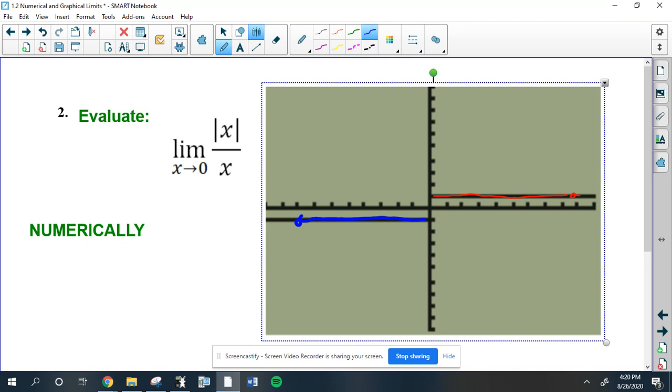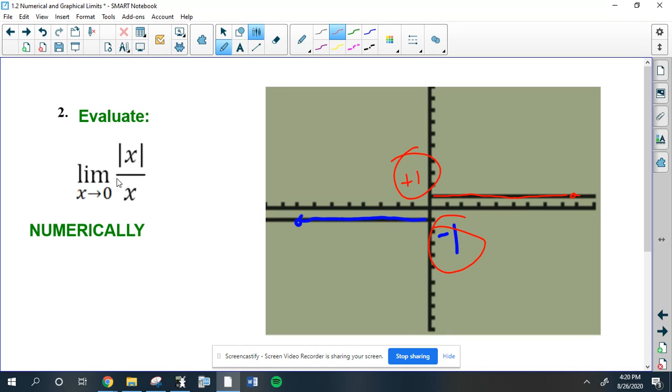So from the left, I was at -1. From the right, I was at +1. These values do not match. Therefore, the limit doesn't exist. The limit has to be the same constant number from the left and the right. So I can say DNE for this limit. It does not exist.